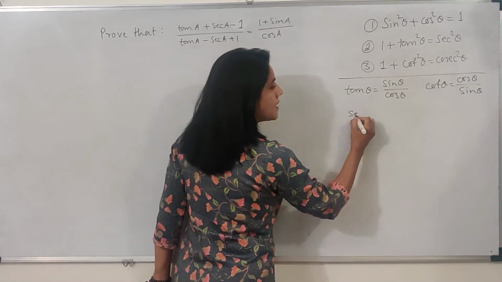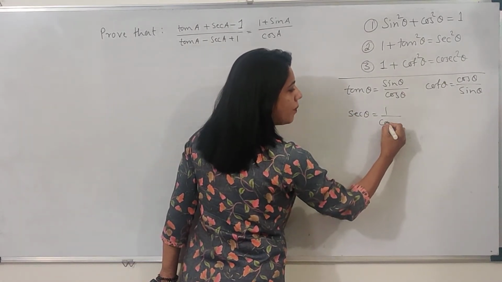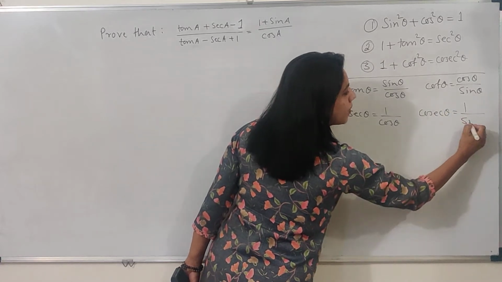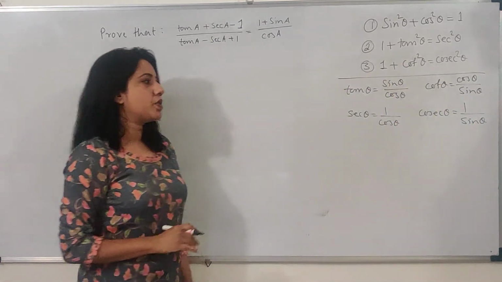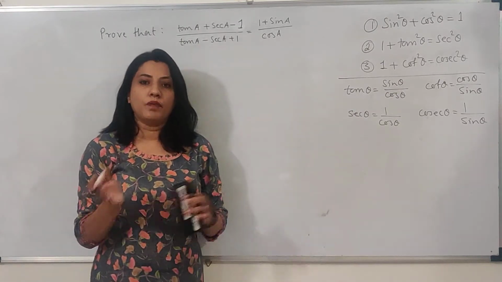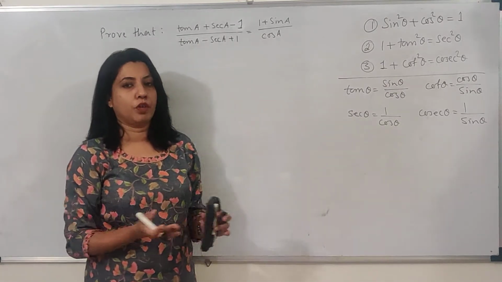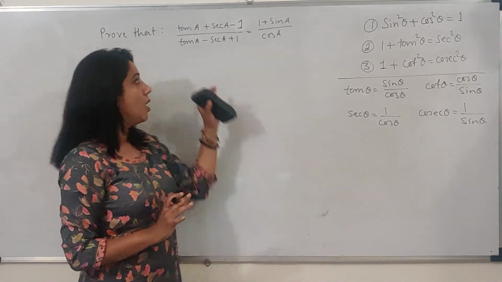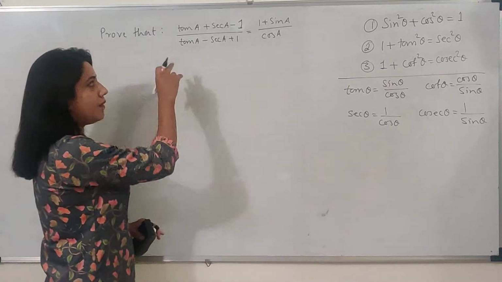Then we have sec theta is equal to 1 upon cos theta. We have cosec theta is equal to 1 upon sin theta. Mostly we are going to use these relationships. Apart from that, you have already studied how to find the trigonometrical ratios and all that, but normally we are not going to use this in these proving sums. Okay, so let us solve this sum now.